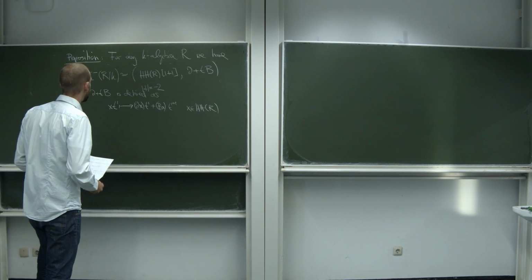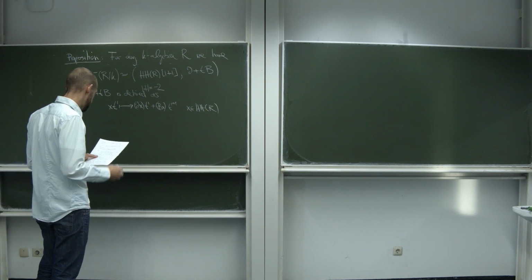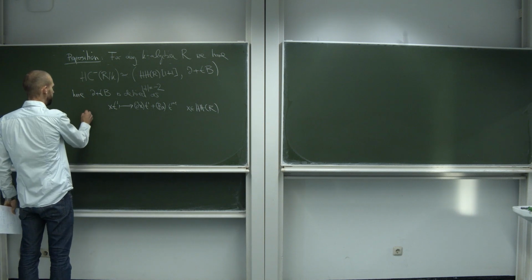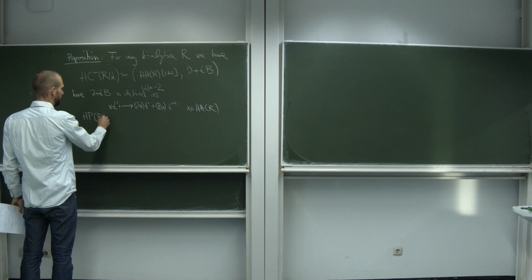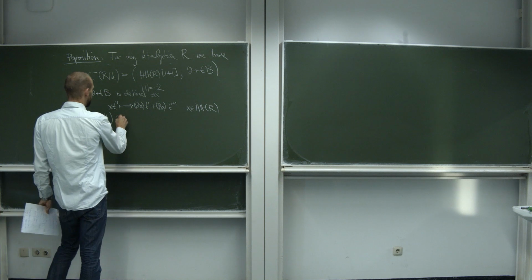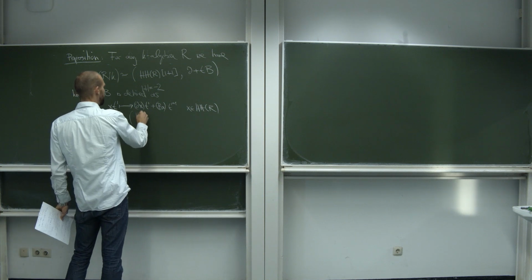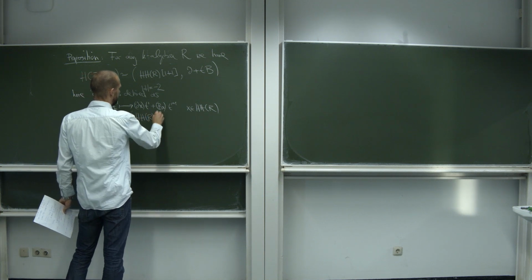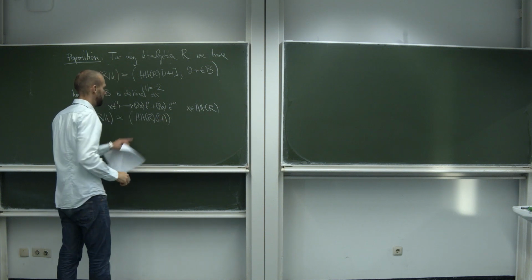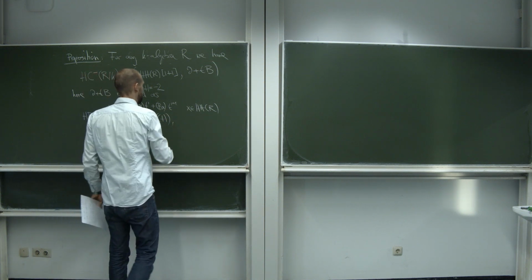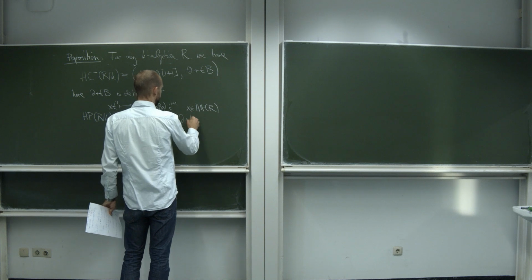Okay, so that's this complex, and similarly we have a description of the periodic complex of R relative K. This is then along the same lines given by HH(R)((T)), the Laurent power series, and then ∂ plus TB.